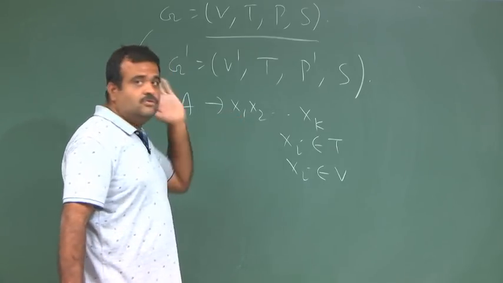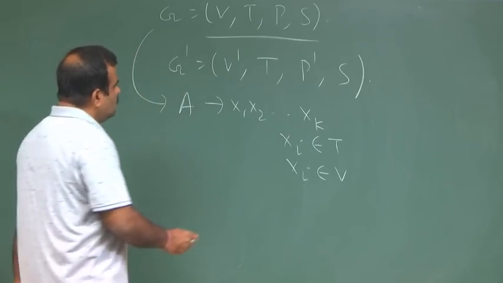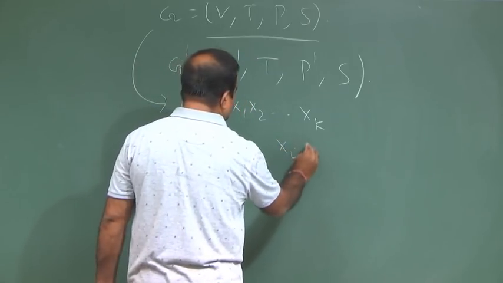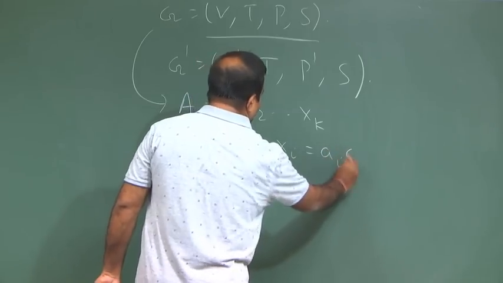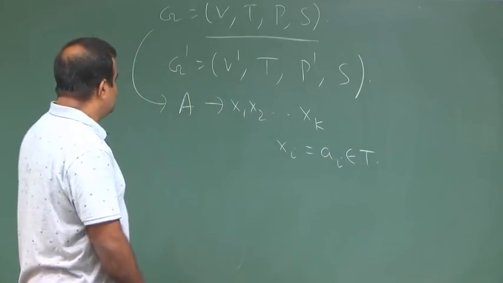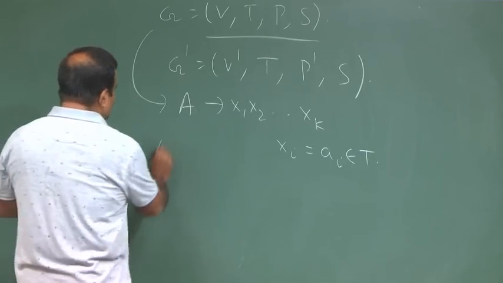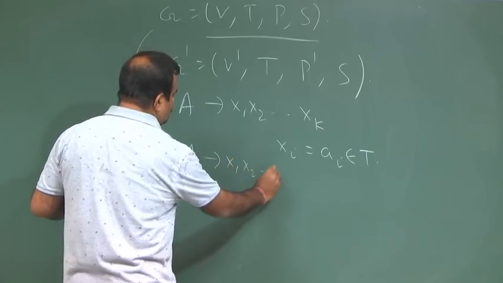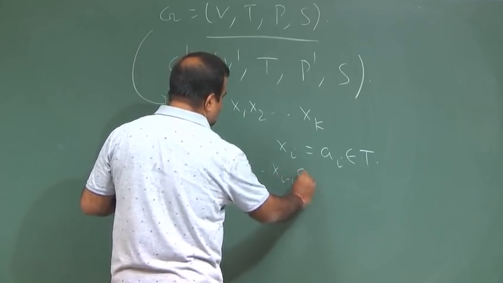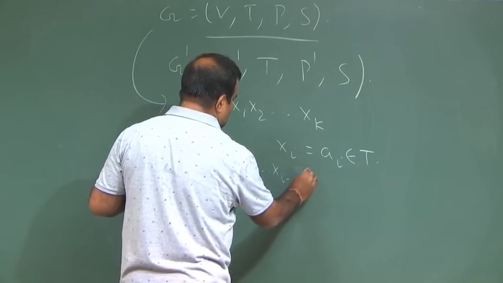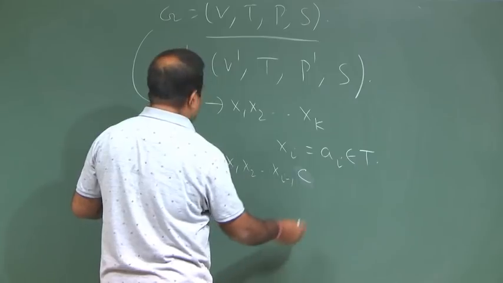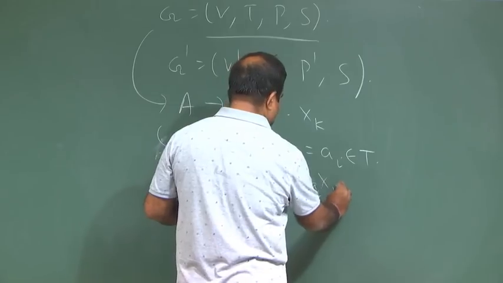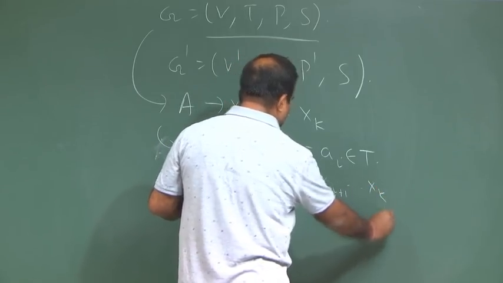We want all xi to be variables. So, suppose this xi is a terminal, say xi is ai. Then we just replace this. This is equivalent to the rule x1, x2, up to xi minus 1, then C of ai, then xi plus 1 up to xk.